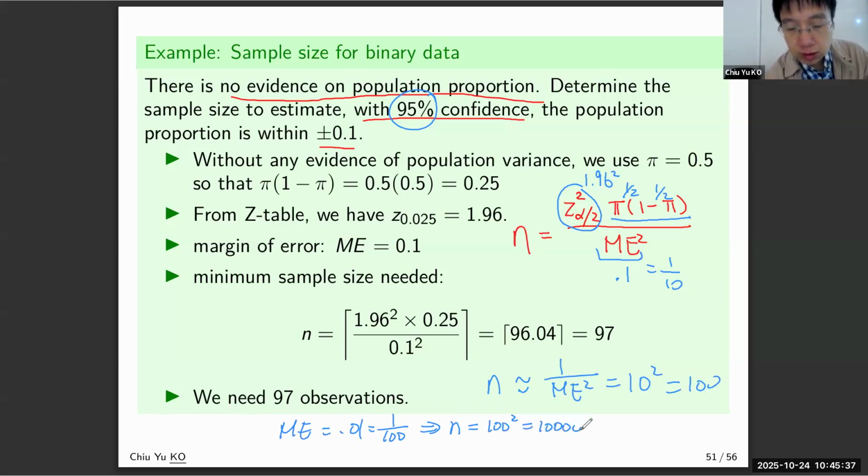It's 10,000, right? So if you want ME to be 0.0333, which is 1 over 30, that means that N will be 30 squared, which will be 900.